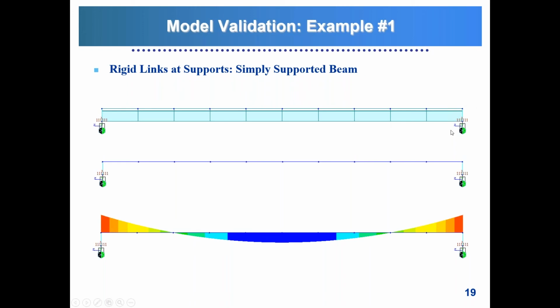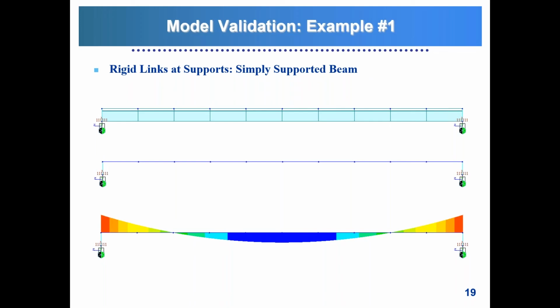Here I have defined the links at the support the way I explained earlier. But when you look at the moment diagram, you're seeing some negative moments at the end. So obviously this is not what a simply supported beam should look like.